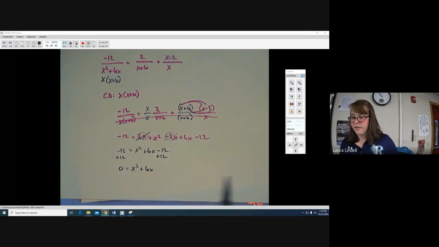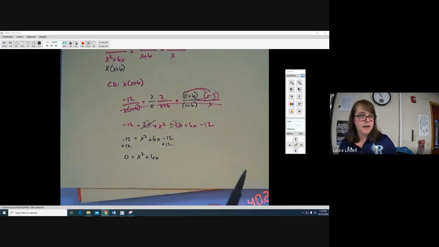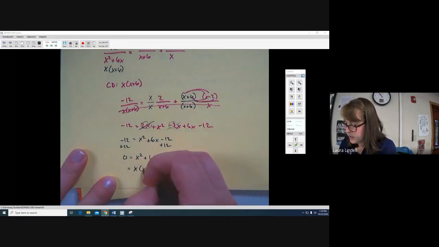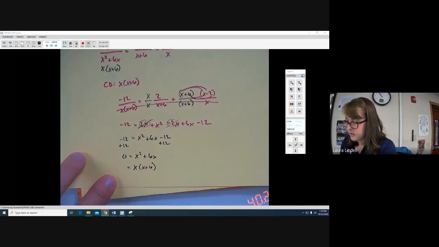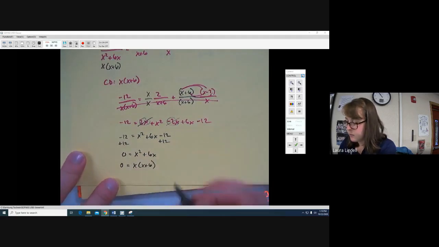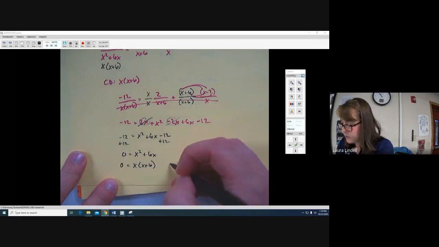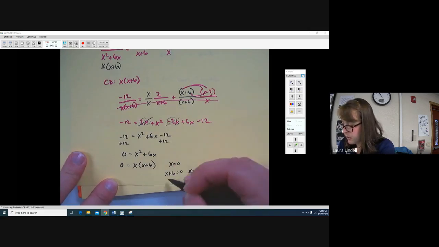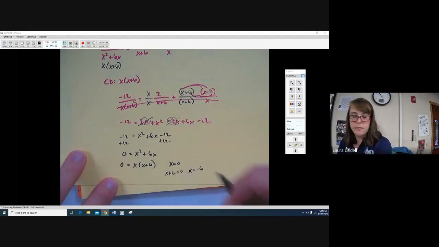And here I can factor this really easily because it has a greatest common factor. It is just x times x plus 6. So then I have to set this equal to 0 individually. So we get x equals 0 and x plus 6 equals 0, which tells me my solutions would be negative 6 and 0.